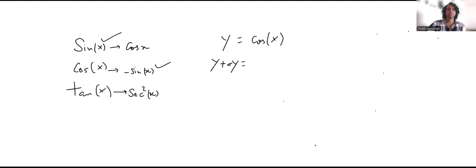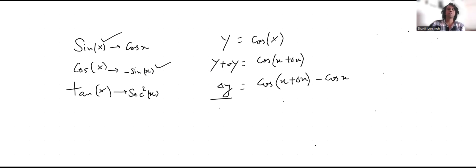And subtracting these two, we get delta y equals cosine of x plus delta x minus cosine of x. And divide both the sides by delta x, we get this. Limit delta x tending to 0, applying this on both the sides. This is the definition of dy by dx.